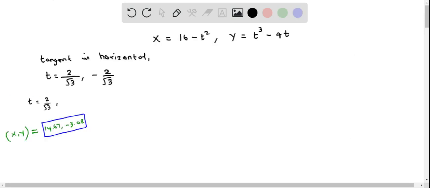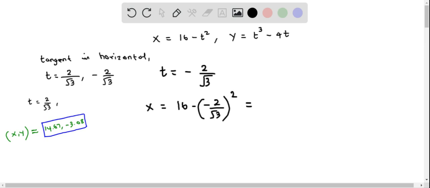Now let's write the points when t equals negative 2 by root 3. So we plug this value of t in both equations, that is for x as well as y. So we have x equals 16 minus t squared, which is negative 2 by root 3 squared, and this equals 16.